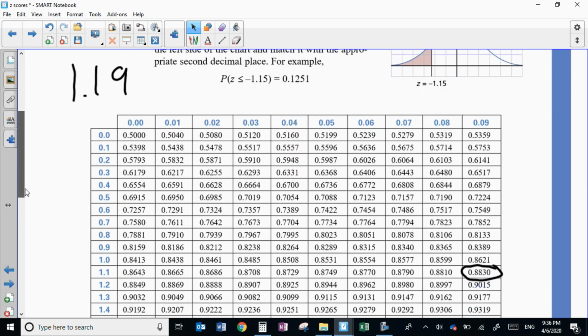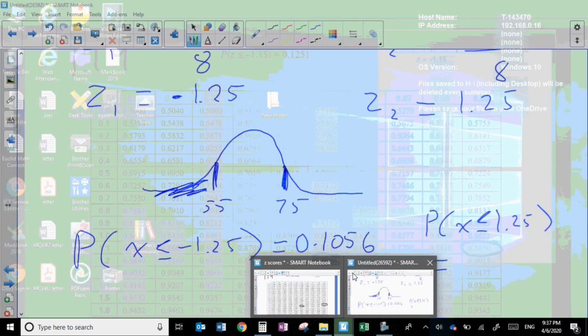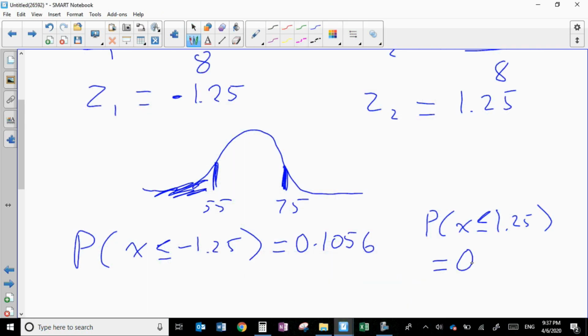Sorry about that. 1.25. So 1.2, and then 0.05, 0.8944. So 0.8944. That's not a surprise either. Shouldn't be shocking that about 89% of dogs are less than 75 pounds.